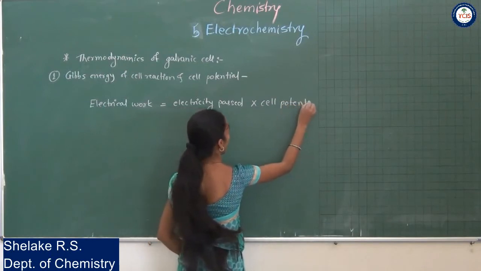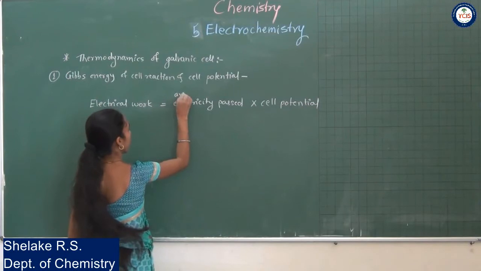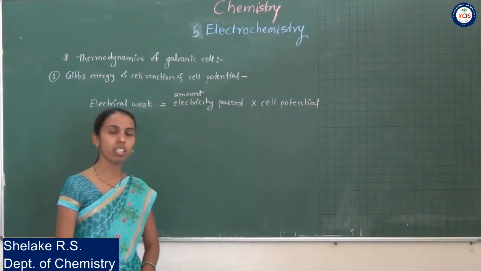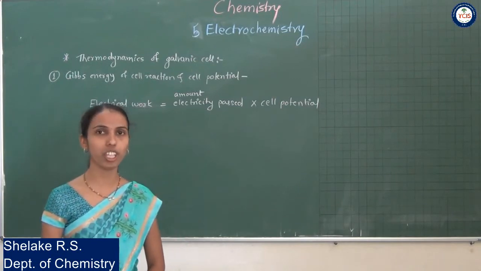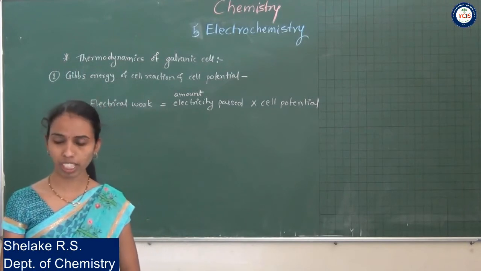So, amount of electricity passed through the cell multiplied by the cell potential is nothing but the electrical work done in a galvanic cell.